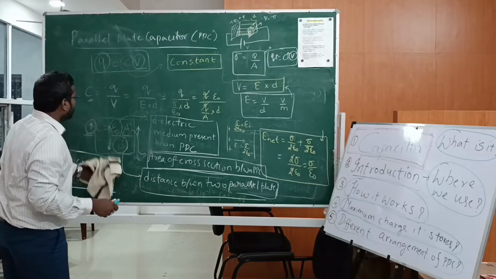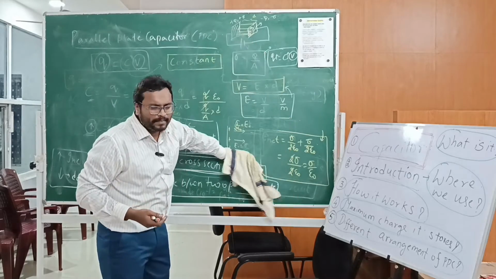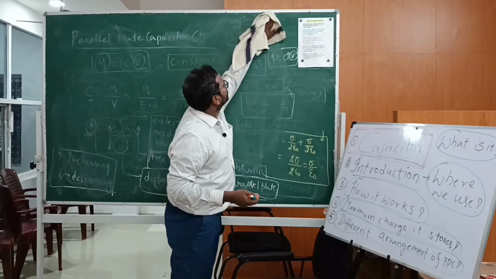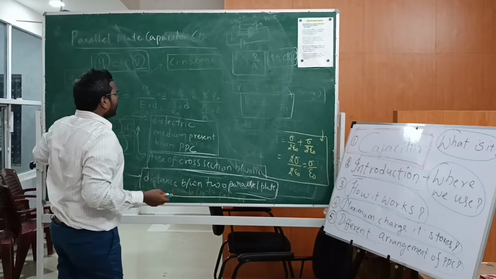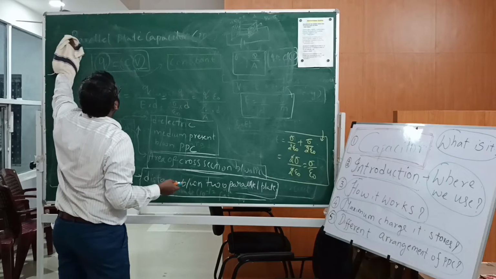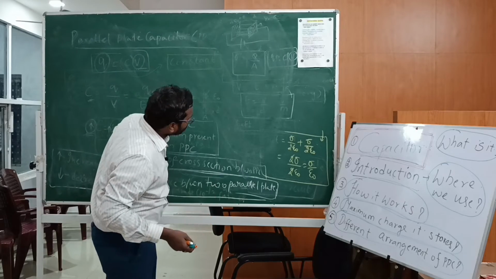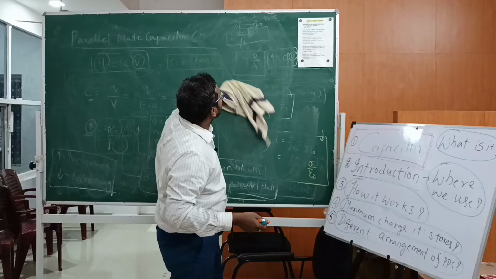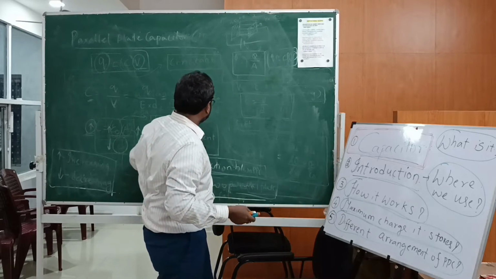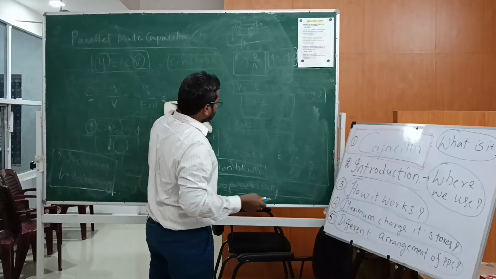Now that we have learned that the capacitance of the capacitor depends on the dielectric medium, the area of cross section of the parallel plates, and also the distance between the parallel plates, right?